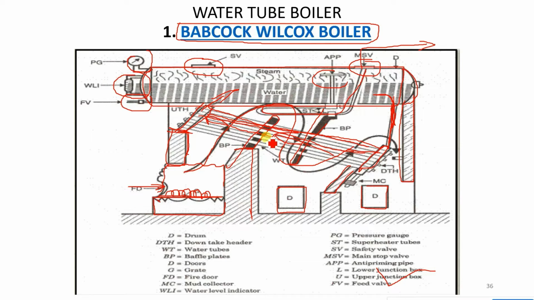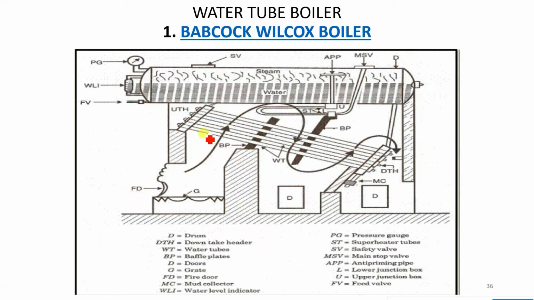The advantage of this water tube boiler is that all water tubes are separated from each other. It means if one water tube is damaged, there is no need to change the complete water tube pipeline. You can replace that particular water tube separately. Here you can see this water tube is different from this one, same in diameter, but they are not connected to each other.